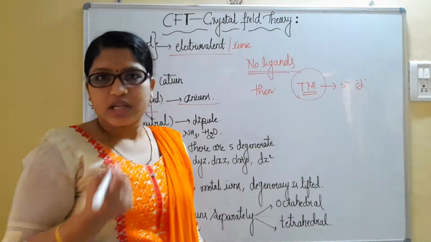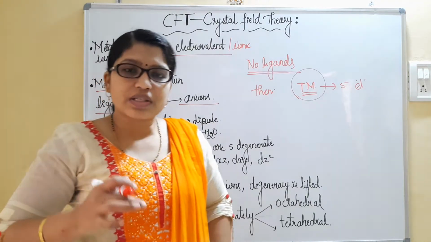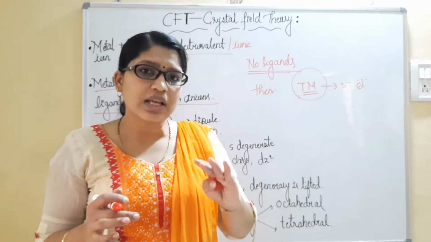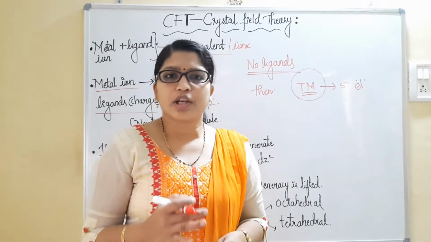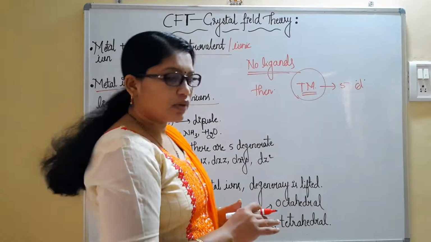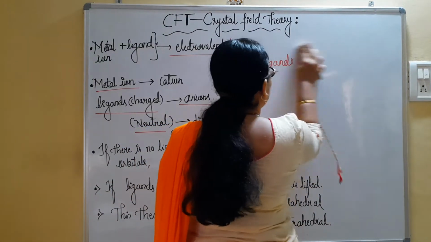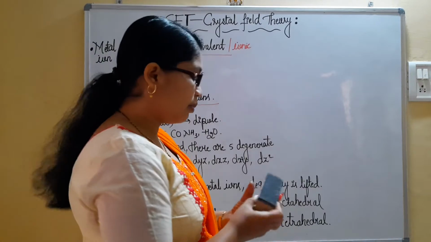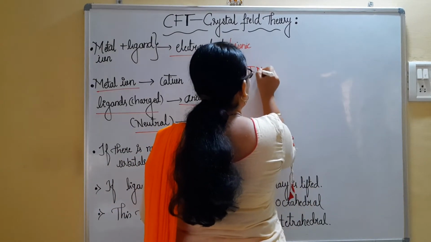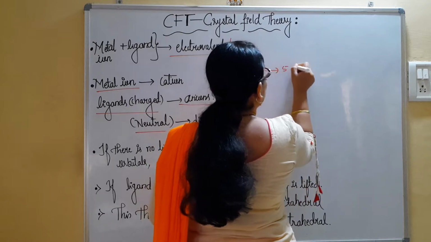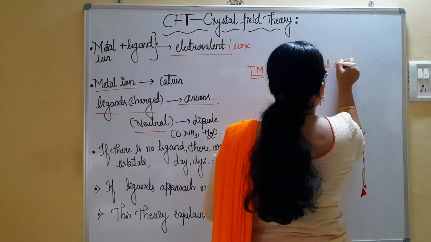What do you mean by degenerate now? Degenerate means all of them have the same type of energy. Degeneracy is nothing but the same energy. I repeat my words here. Whenever we don't have any ligands approaching the central metal atom, then the transition metal will have 5 degenerate orbitals with it.